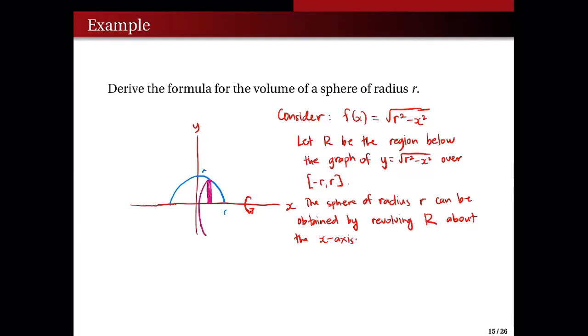Actually, it's not of radius r. It's of radius this point up to this point.